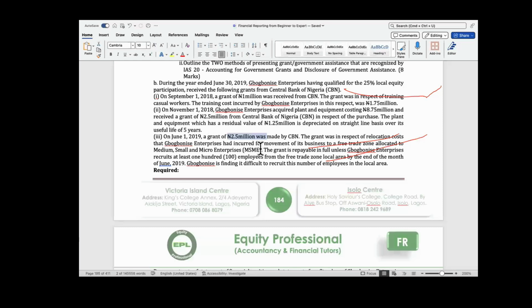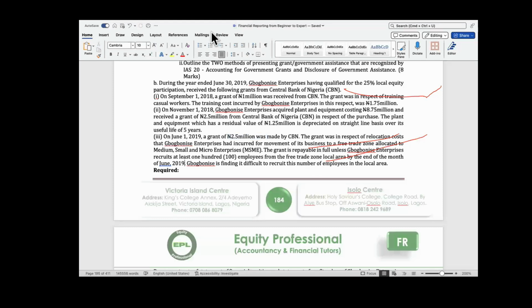The grant is repayable in full unless Bugbonishe Enterprises recruits at least 100 employees from the free trade zone local area by the end of June 2019. Bugbonishe is finding it difficult to recruit this number of employees in the local area.